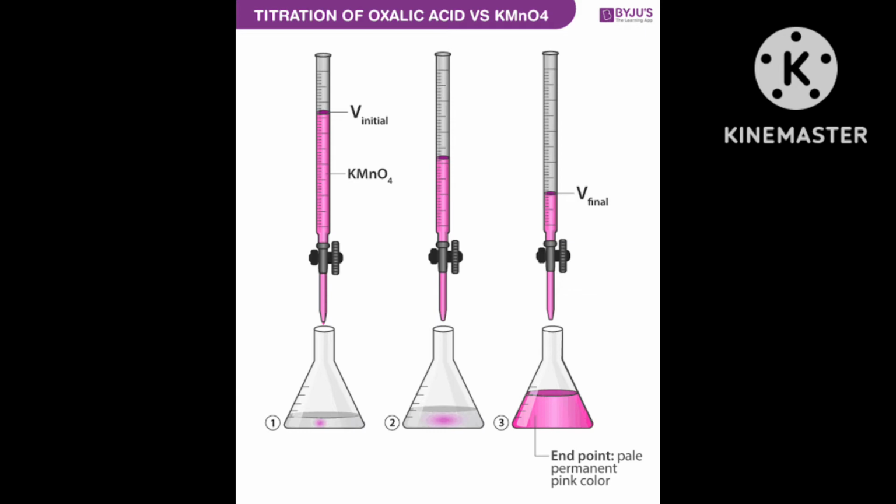This is very clear, because wherever color is changing, electrons are being transferred. Always keep in mind, electronic position will change, and when it changes, a redox reaction is going on.